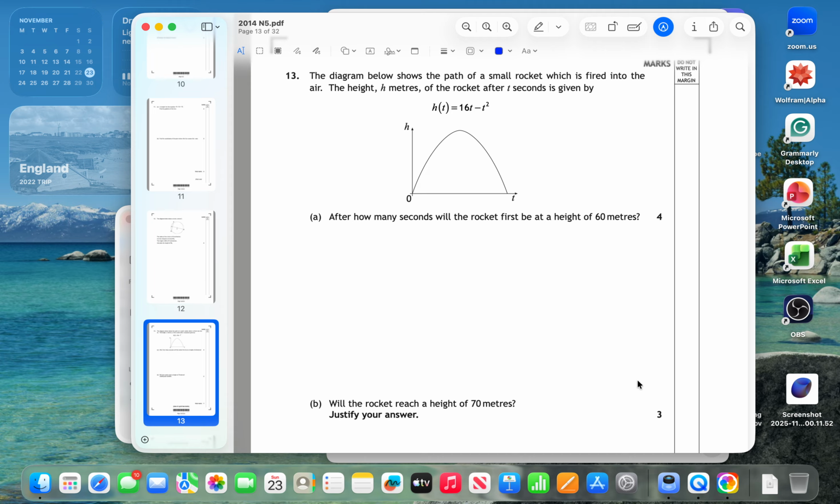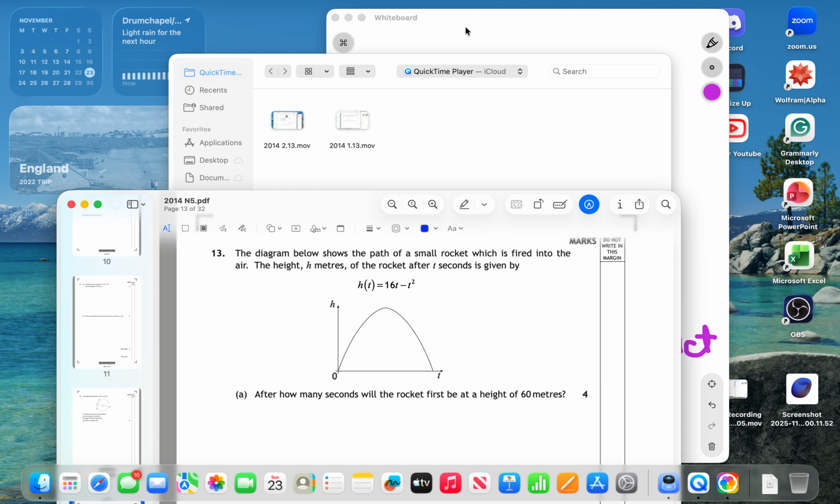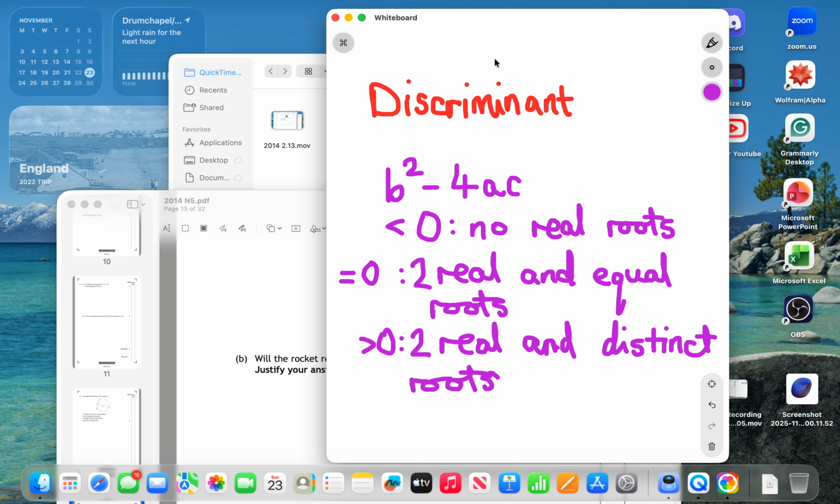So the second method was that we're going to equate 16t minus t squared to 70, and we're going to find if there's any solutions. And what we can do for that is we can use what's known as the discriminant.